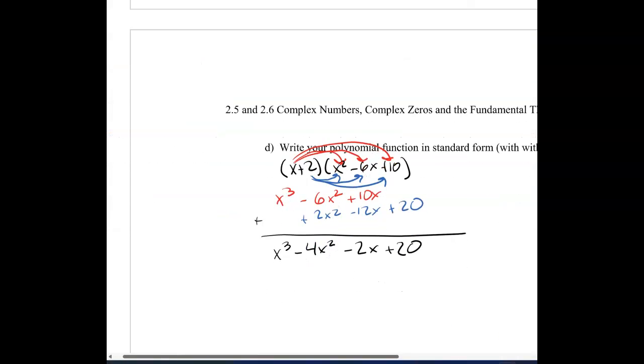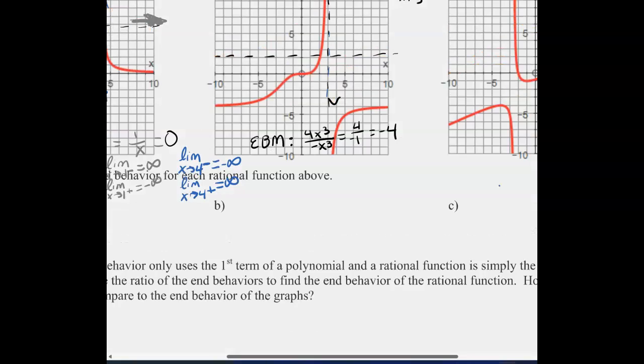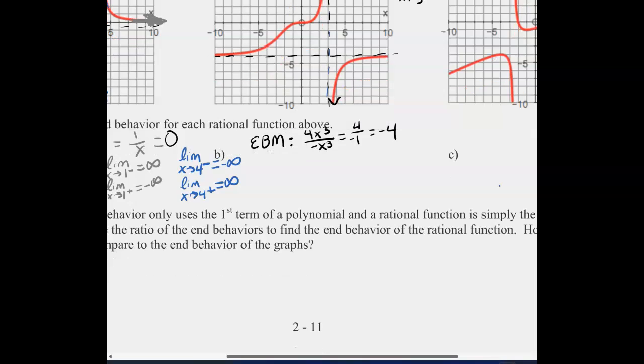Cool. Whoa. Computer glitch, but that's okay. So I've got a horizontal asymptote at y equals negative 4, which also means that my limit as x approaches negative infinity, which means that I'm going to the left. So as my x values go to the left, what's happening to my y values?